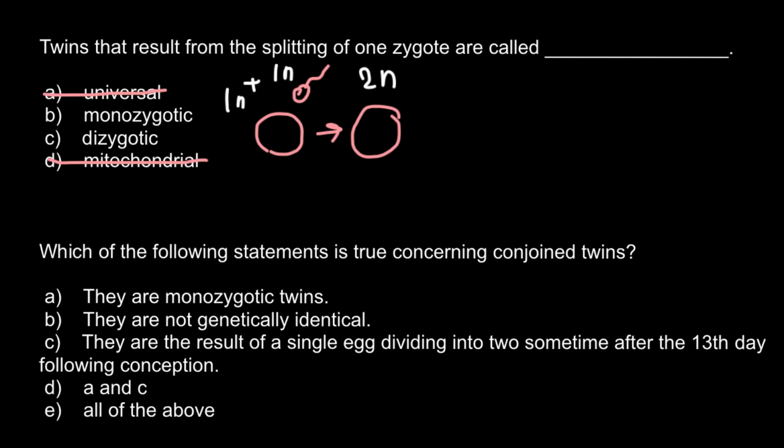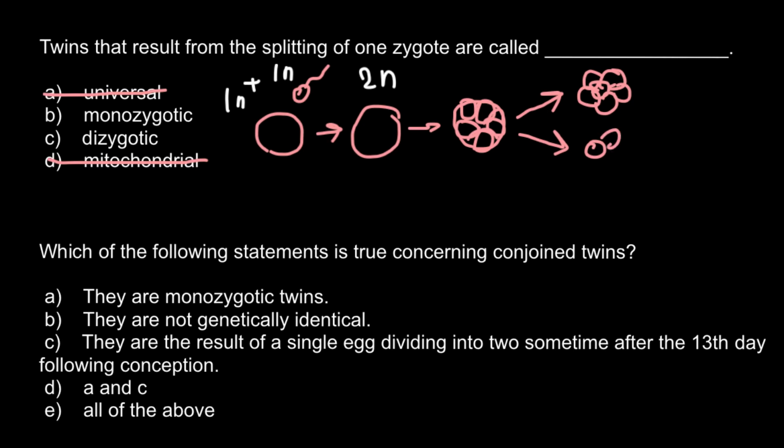Then the zygote starts to divide, and we get a clump of cells that we call a blastocyst. And between day 1 and 12 or 13, this blastocyst may separate into two clumps of cells. This is how two genetically identical twins arise.